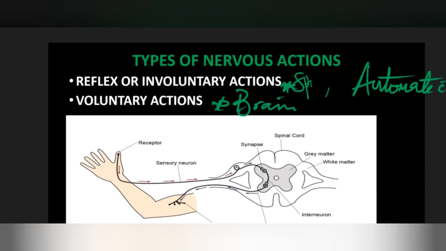The spinal cord is involved in the reflex action. So you will see the spinal cord in the reflex action, while the brain is in the voluntary action. Now, let me go back to the reflex action. In the reflex action, there is what we call a reflex arc.